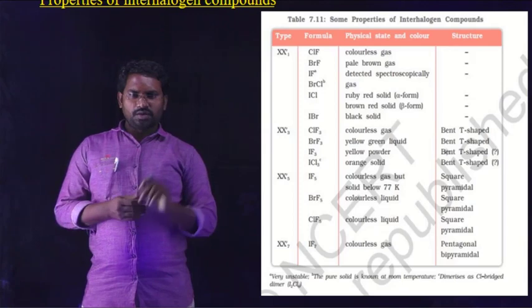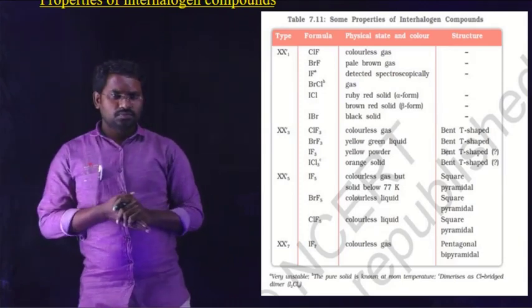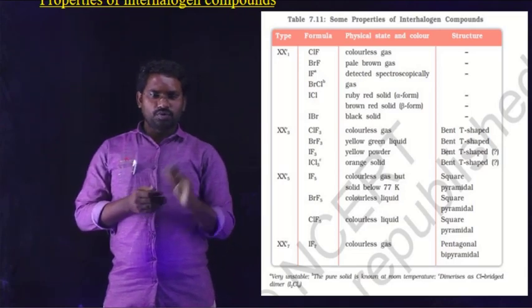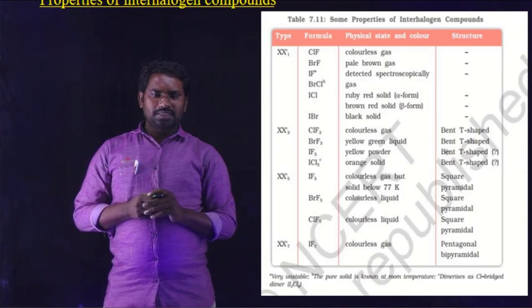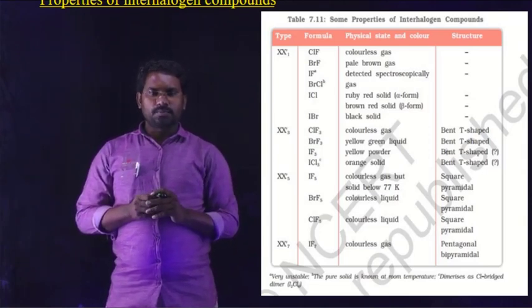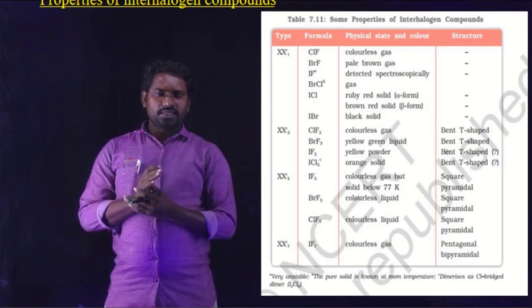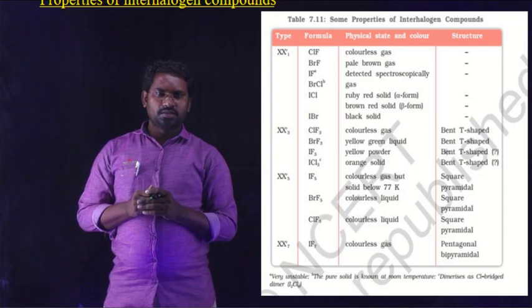Properties of interhalogen compounds. So look at the image. In that image there are 4 types of interhalogens. XX' type, XX3' type, XX5' type, and XX7' type. So examples for the XX' type are ClF, BrF, and so on.